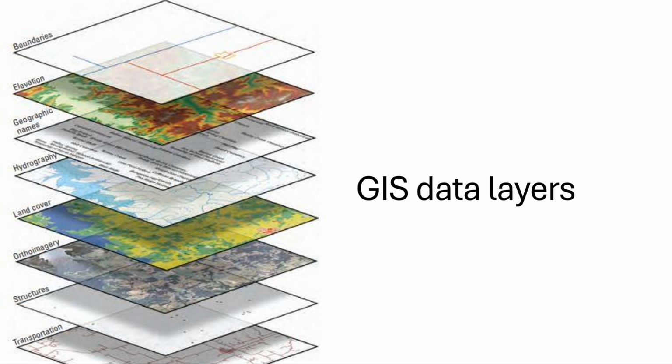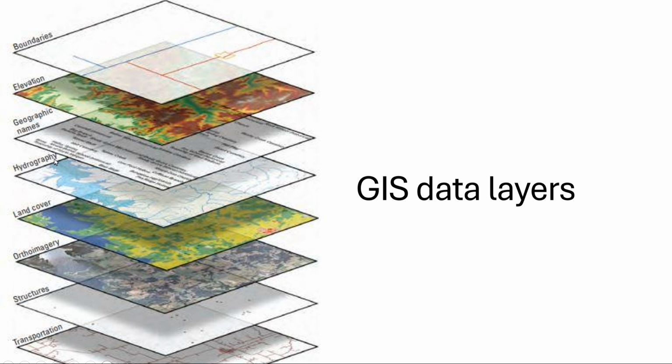GIS has data layers, and they can be anything. Like for instance here, we have data on transportation, which is basically the roads as a form of lines, and structures, points, and ortho imagery, which is a real satellite image of reality. We have also data on land cover, how the land is covered. Is it covered with urban area? Is it covered with water?